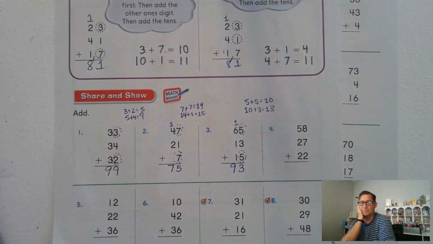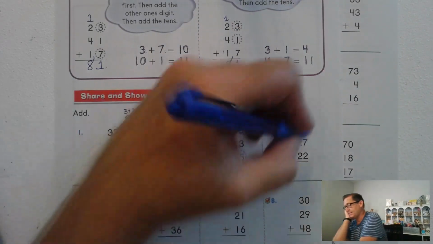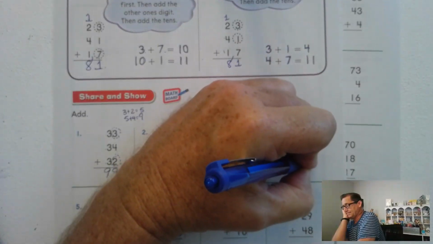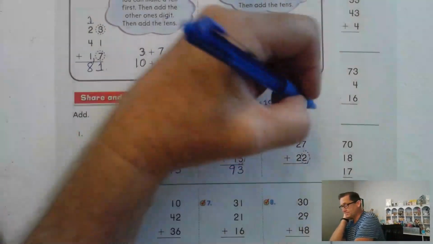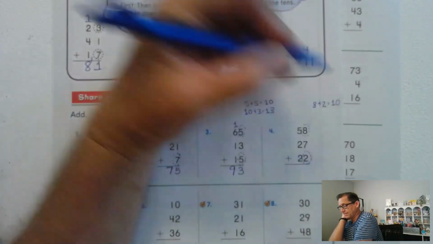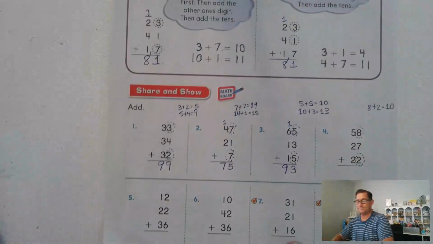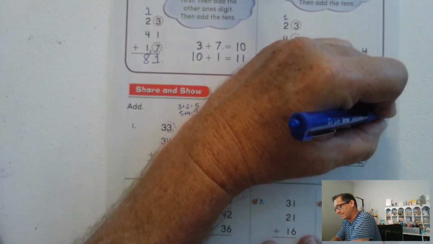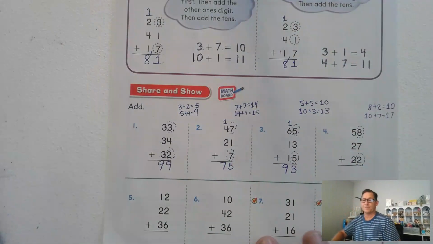Okay, number 4. Again, looking at those numbers, I see a 10 that I can make. So I would take the 8 and I'd add the 2. And 8 plus 2 is 10. And 10 plus 7 is 17.